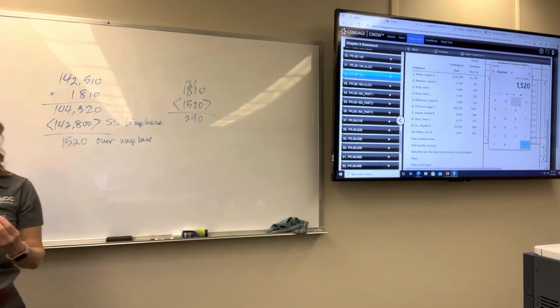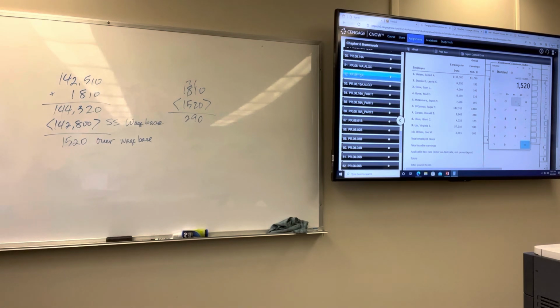So 290 is going to be subject to Social Security tax. The rest of it is not. Okay? Yep. So we're going to apply the Social Security tax to that amount. And then the rest isn't. Is that right? 42, yes.